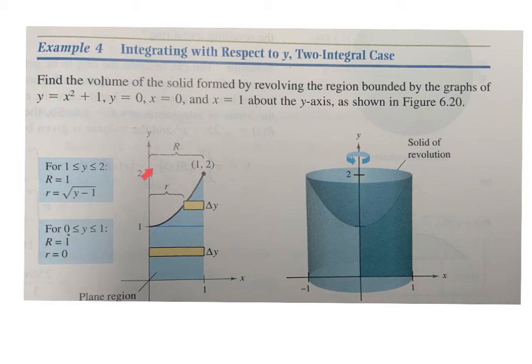But from 1 to 2, something else happens. My outer is still my x equals 1, right? My inner is now my x equals square root of y minus 1 when I put this in terms of x. And so I end up with two different integrations because the limits that they gave me say something different than when I plug in my x's and y's here.